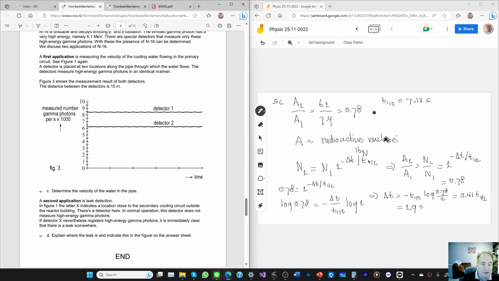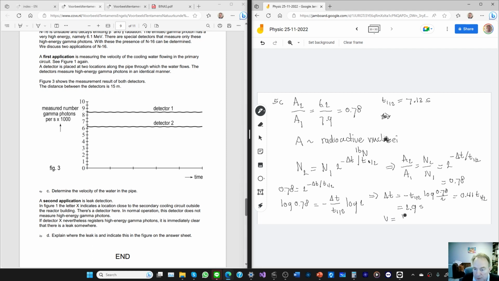And then we can figure out the velocity. V is then 15 divided by 2.9.